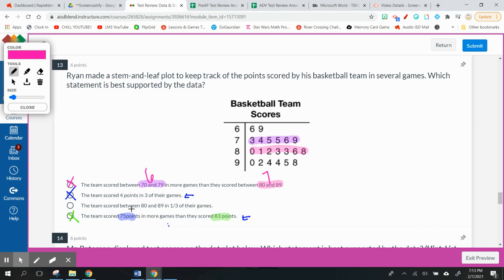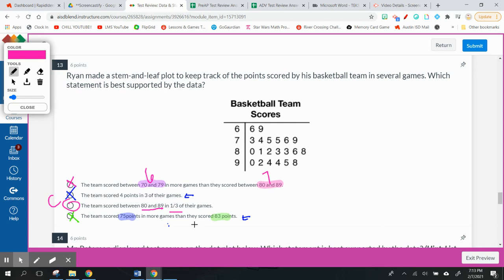So by process of elimination, we know it's going to be C, but we could have goofed on some of the others, so we need to be able to prove it. Always, always, always. The team scored between 80 and 89 points in a third of their games. Okay, we see a fraction. Did anyone's brain just freeze up because you saw a fraction? Don't freak out.